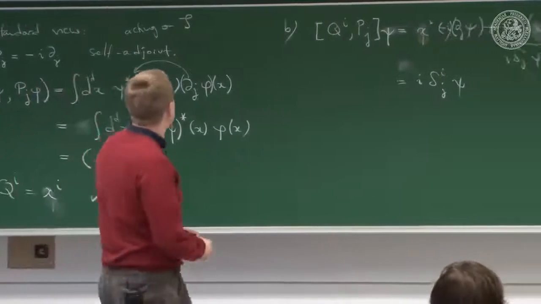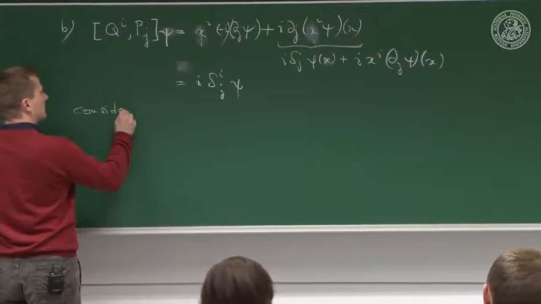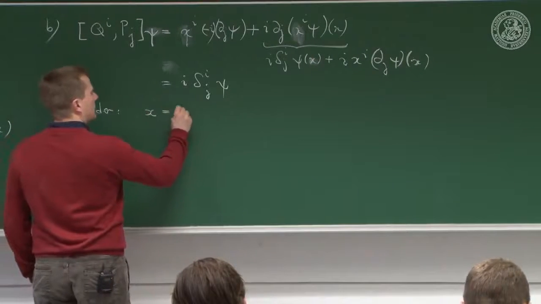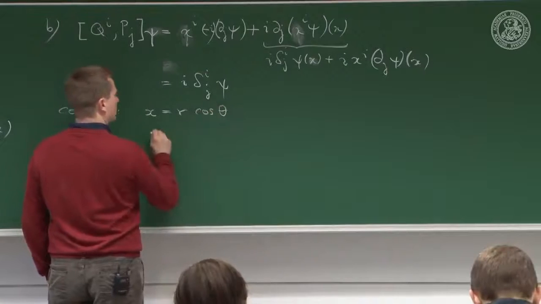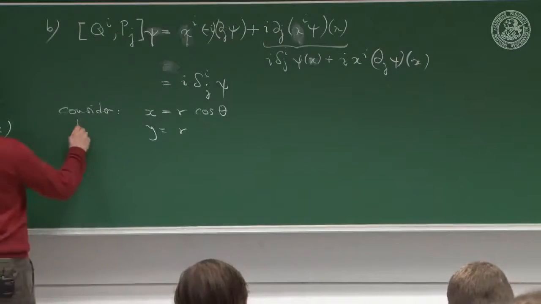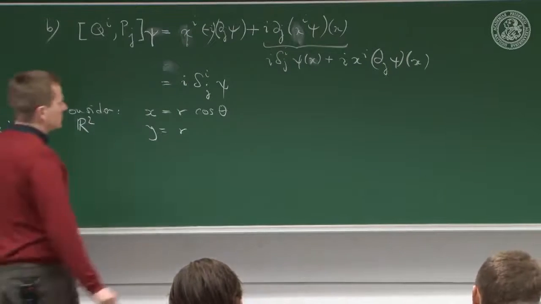So let's, in our discovery here, consider the case where instead of the coordinates x and y, we use coordinates r and theta in the plane. So let's consider R2, because we just want to discover something.